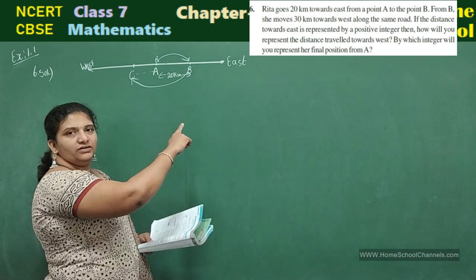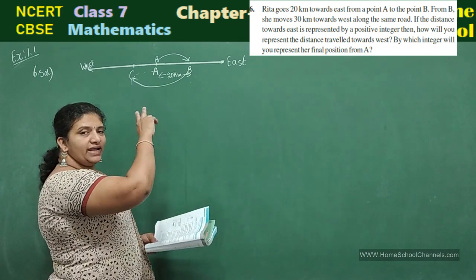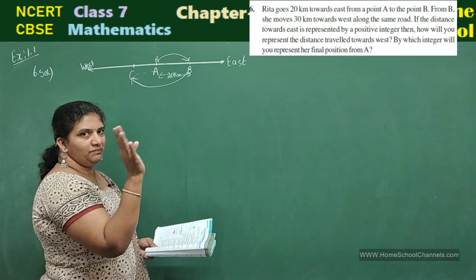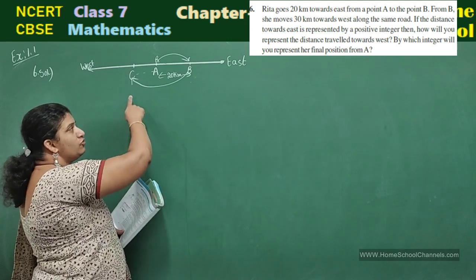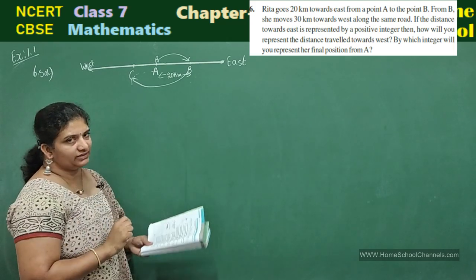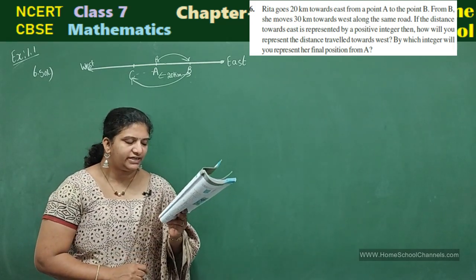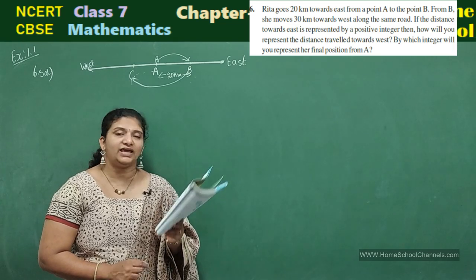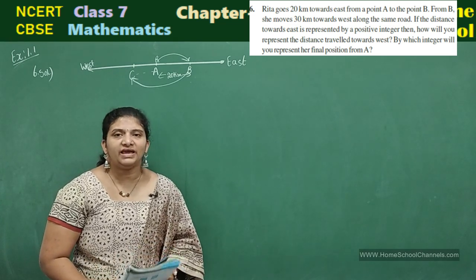From A, she moved to east 20 kilometers, plus 20. And from B, she moved to C 30 kilometers back. That means minus 30. By which integer will you represent her final position from A?